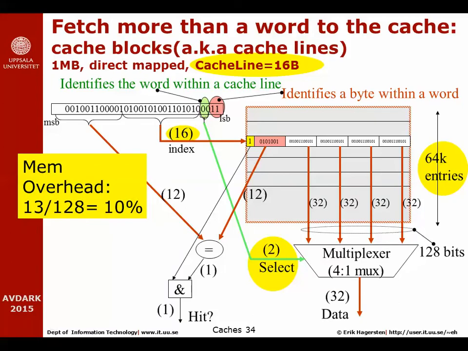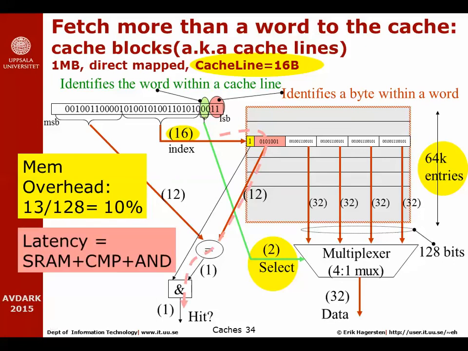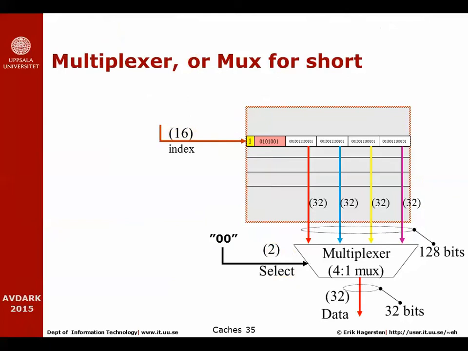Memory overhead now went down further because we have one address tag, and that address tag tells whether or not 16 bytes in the cache are valid. So it's 12 plus 1, 13, divided by 128 bits, so 10%. That's improved quite a lot, and the latency is still comparable to what we've seen before.